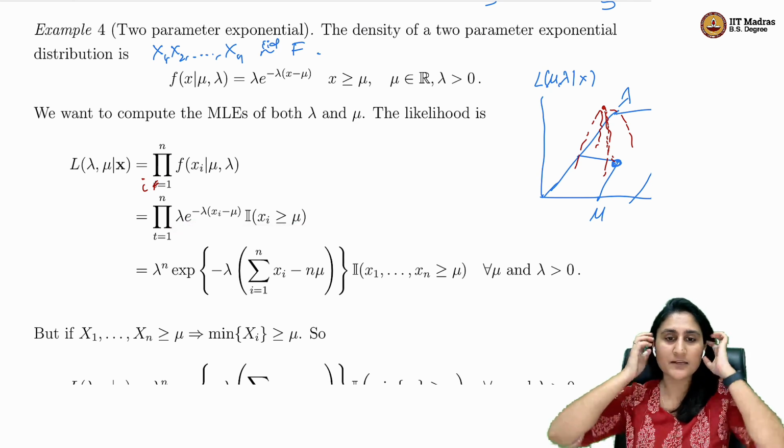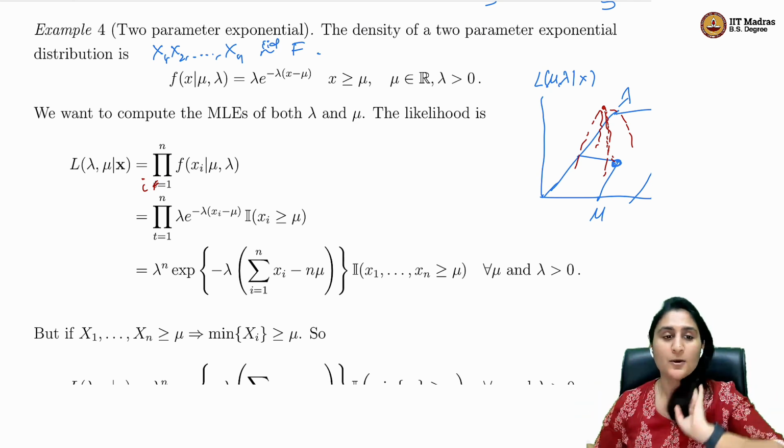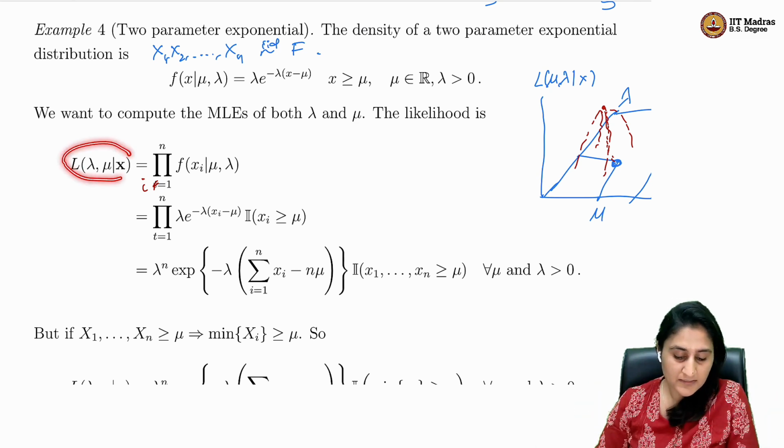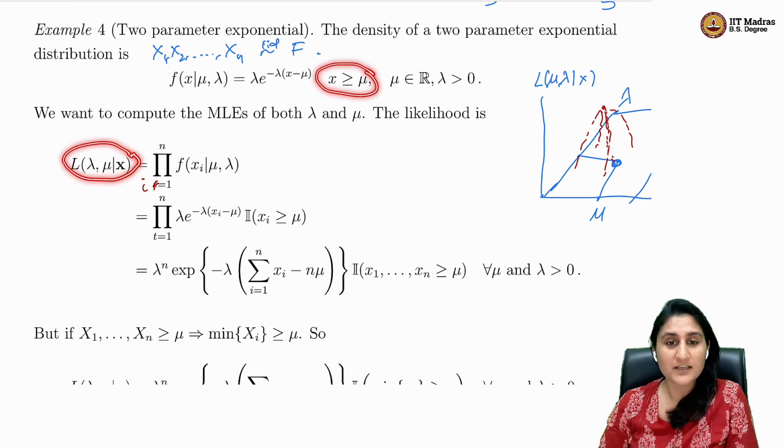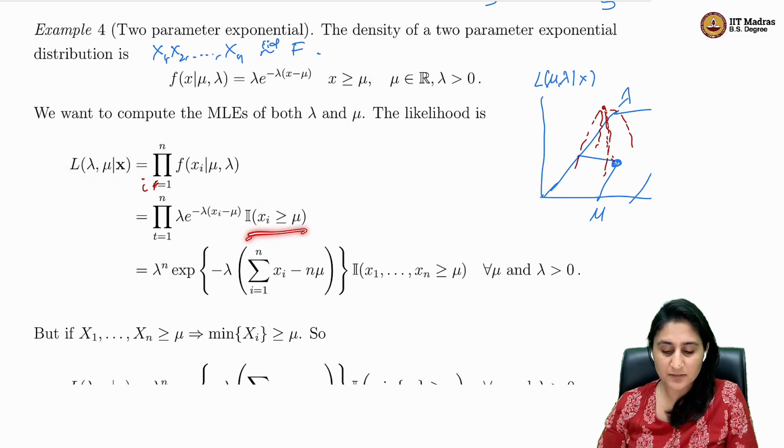Now this indicator is really important because notice that this is a function of lambda and mu, and the support is also a function of the parameter mu. Because the likelihood function depends on the parameter mu in its support, that also needs to be a part of the likelihood function.